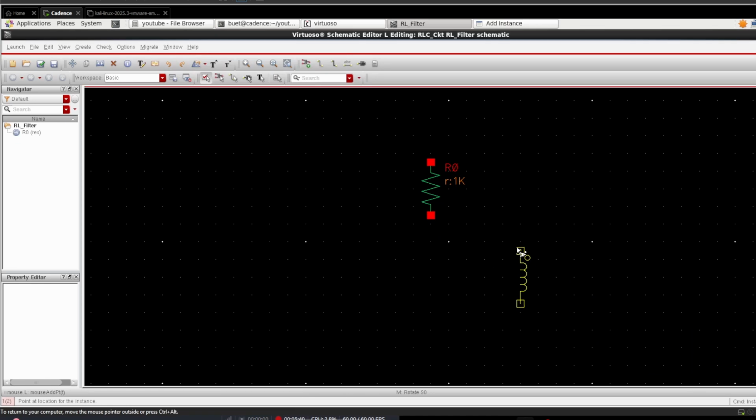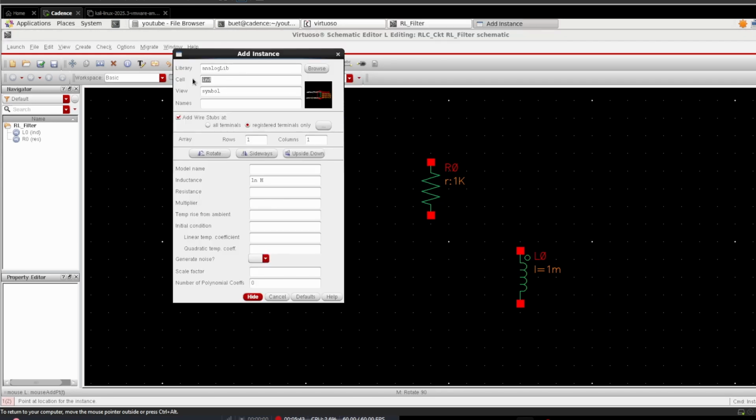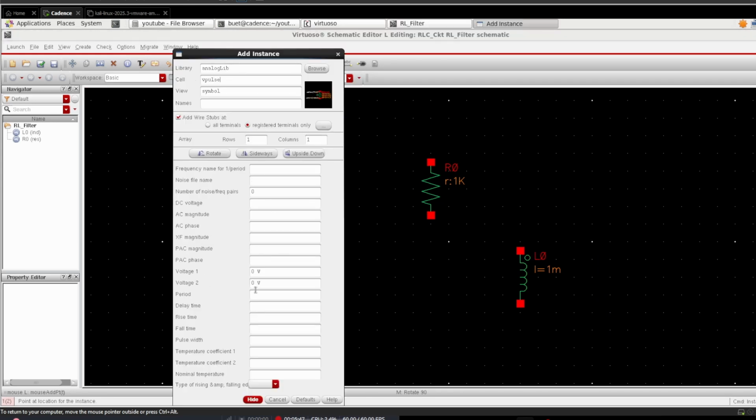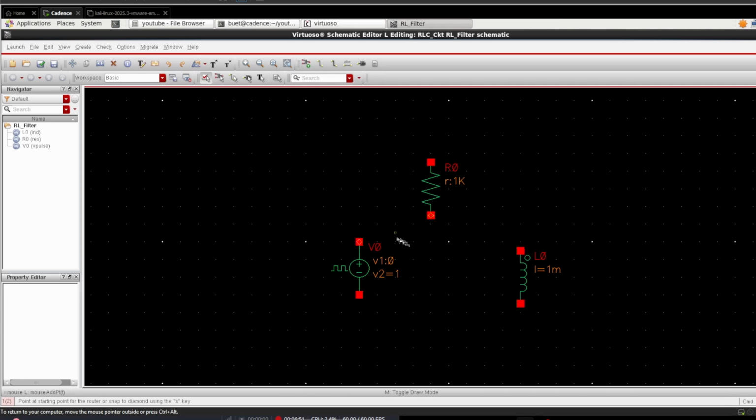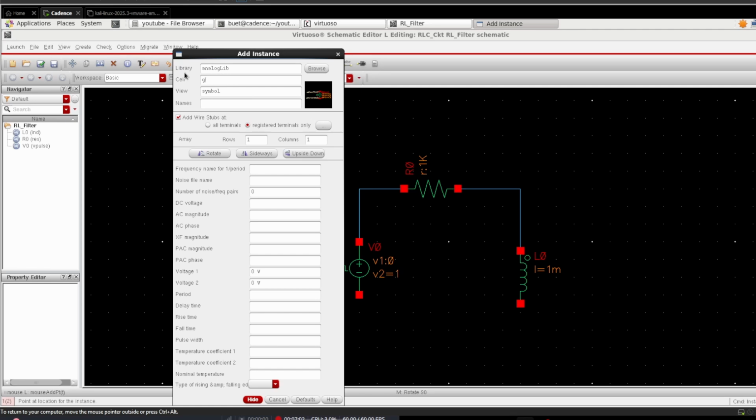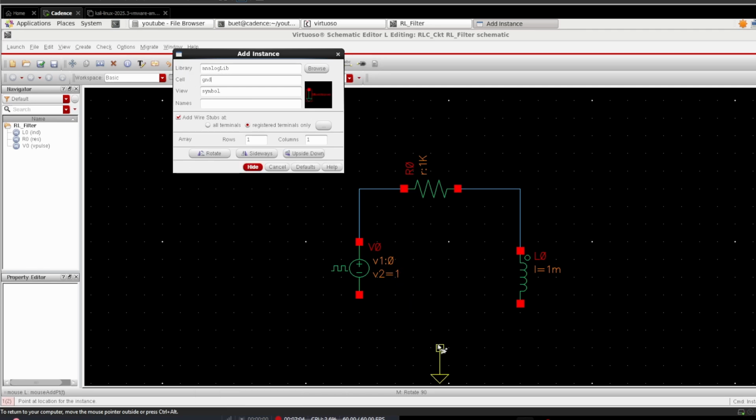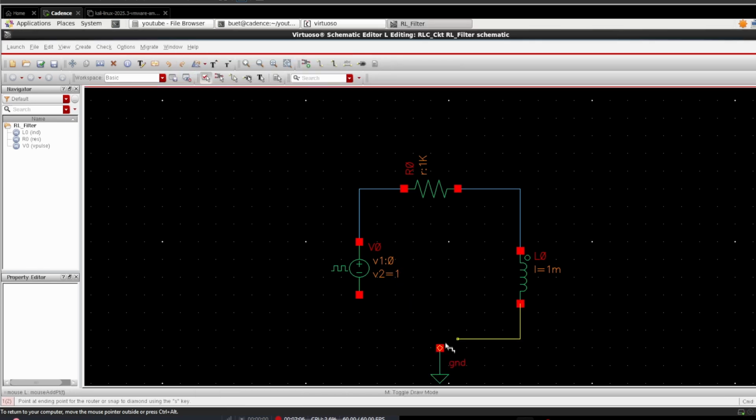So place your inductor, find your voltage source which is V pulse, give your input voltage as 1, your period as 20 microsecond, and your pulse width as 10 microsecond. Place your voltage source, press W to wire your components. Before that, press R on your keyboard to rotate your resistor, press W to wire your circuit, press I to find your ground from the instance library, place your ground, and press W to finish wiring your circuit.